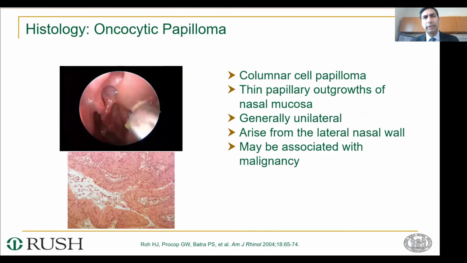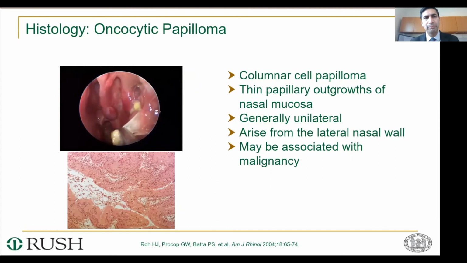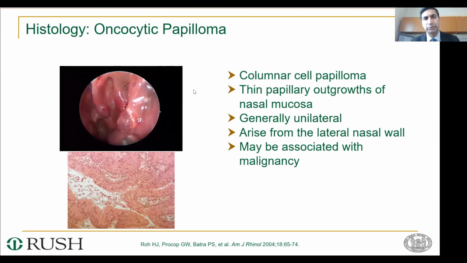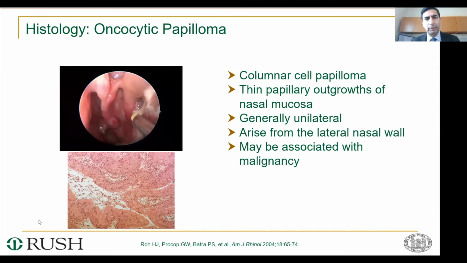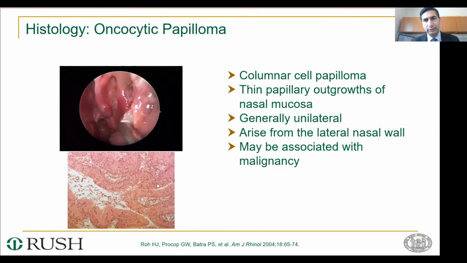And the last subtype is the oncocytic, or also called the columnar cell papilloma. What's interesting is grossly, endoscopically, this looks no different than the inverted papilloma. Here is a case of a maxillary sinus oncocytic papilloma that was sent to me many years ago. This looks no different than the inverted papilloma. But what's different is when you look at these histologically, typically you'll see this columnar epithelium with outgrowths to the nasal mucosa.